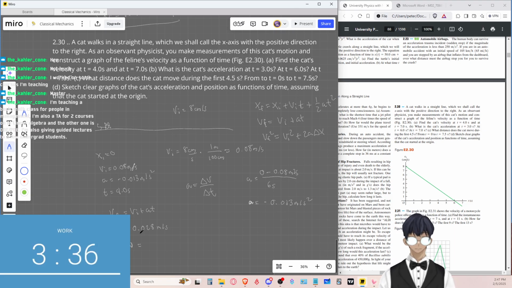Because we already know the initial velocity, we just have to increase the time. Times 7 seconds, which is negative.